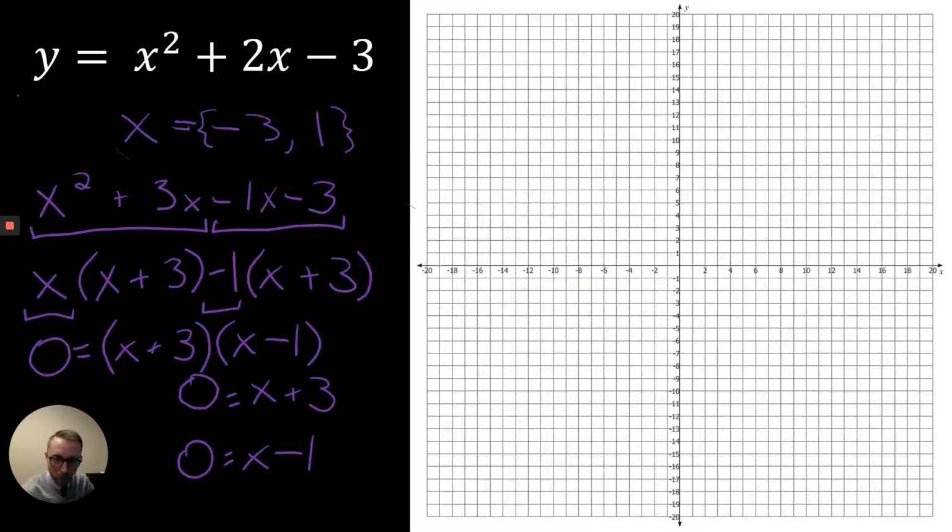So what that means for graphing, and you may not be asked to do this on the GED test, but that means that I know that the line is going to cross at -3 and at +1.